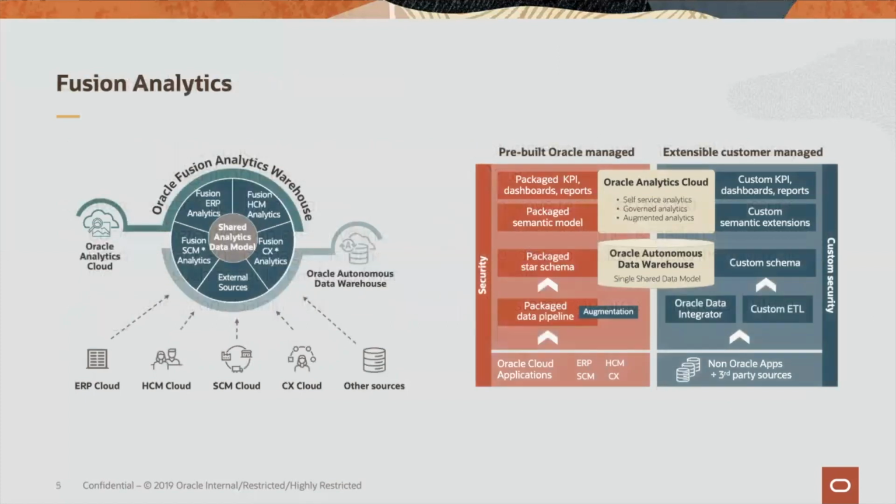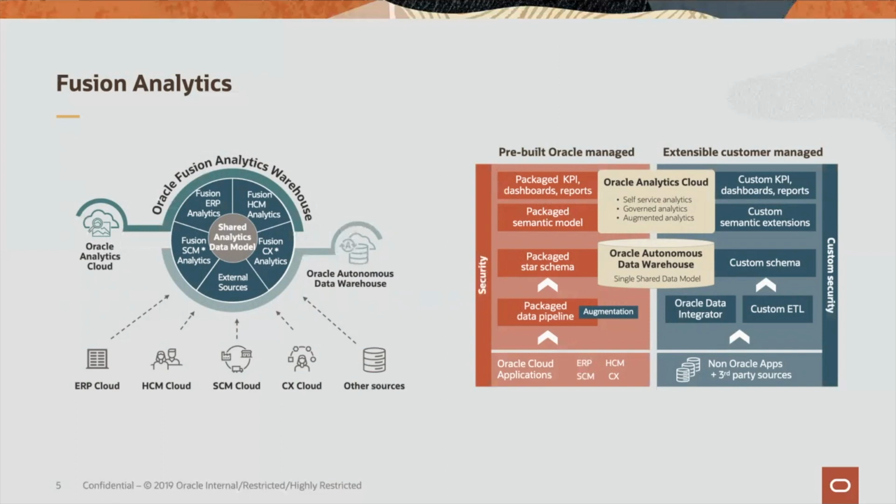Today with Fusion Analytics, as you might already know, we have the ability to onboard, out of the box, data from all the Fusion pillars: ERP, HCM, SCM, and CX. But we can also onboard other sources using connectors. So we do have a data augmentation.